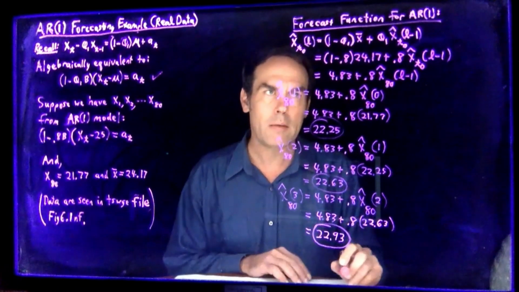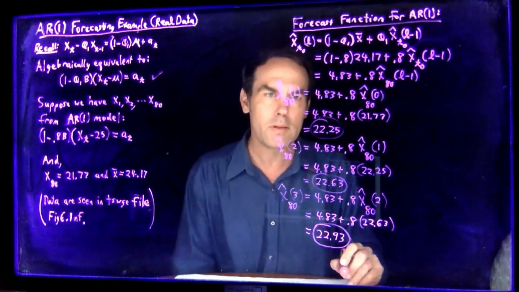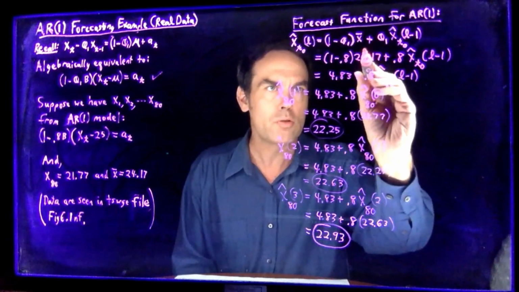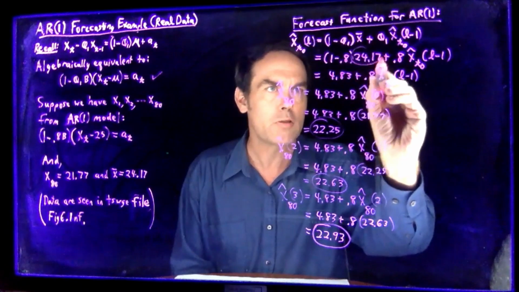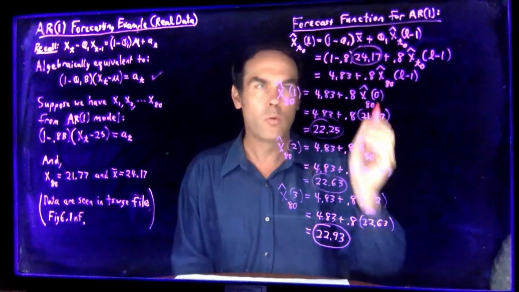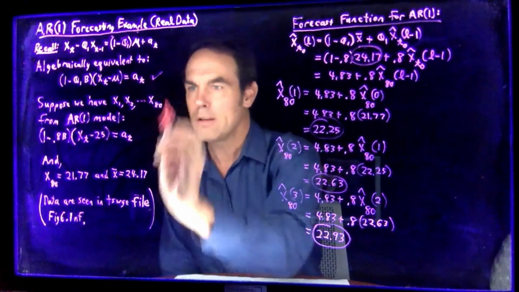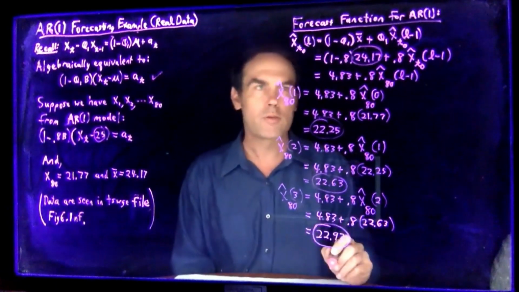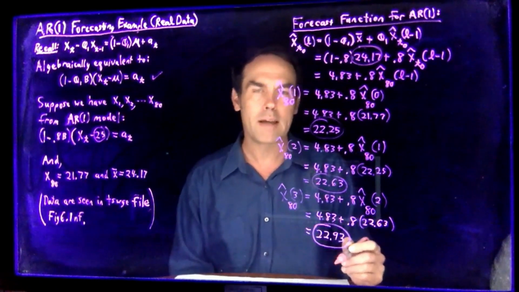Now, one thing that I would like to say before I leave this example is you may be wondering, why did we choose to use x bar of 24.17 when in this particular case we knew mu, we knew that the population mean was 25? Why did we settle for using x bar?